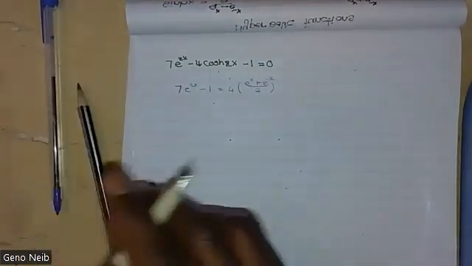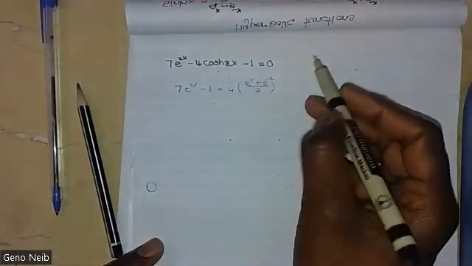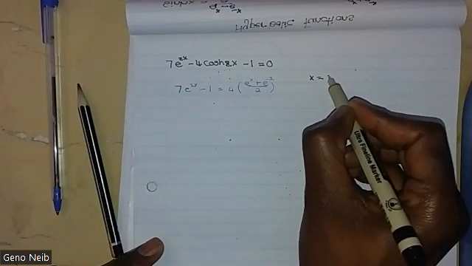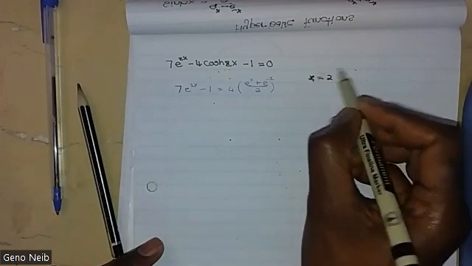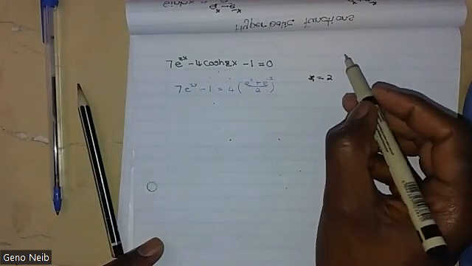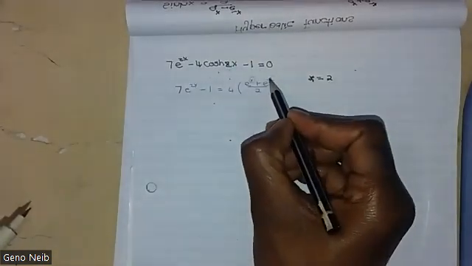But what is x evaluated at? X is evaluated at 2x. So we have to change this and this to 2x.